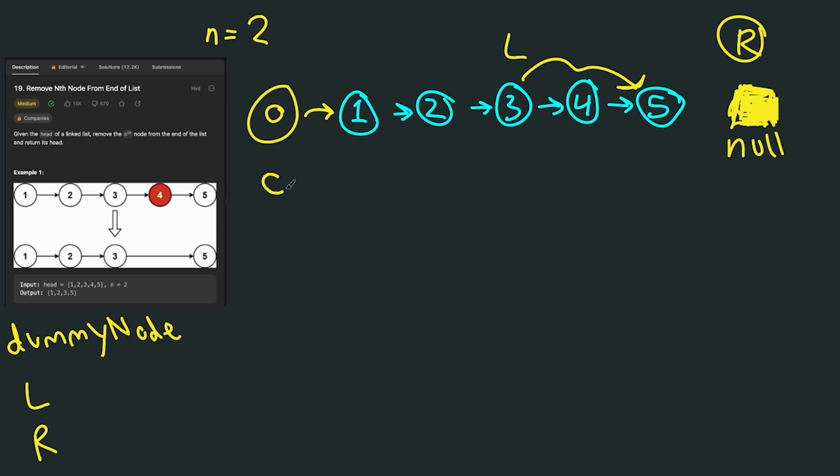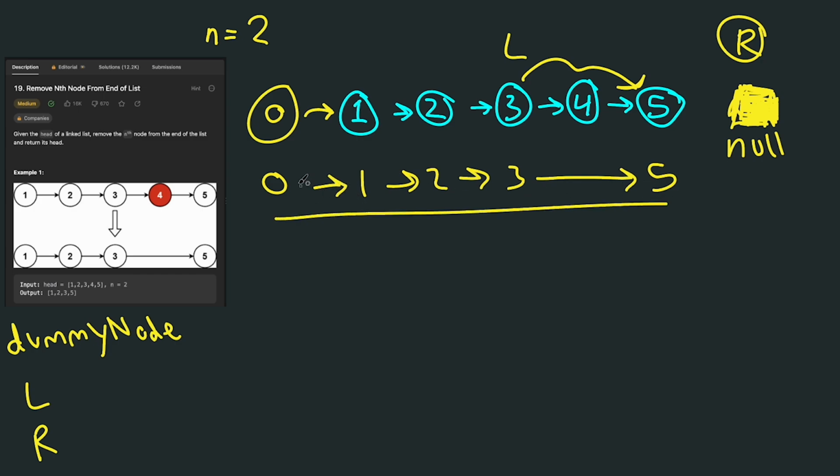Once we do that, we end up with a linked list that looks something like this. So this is exactly what we want, minus our dummy node. So we can return dummy node dot next. That returns the head of our linked list, and therefore we solved this problem.